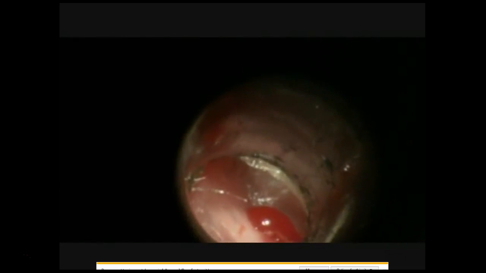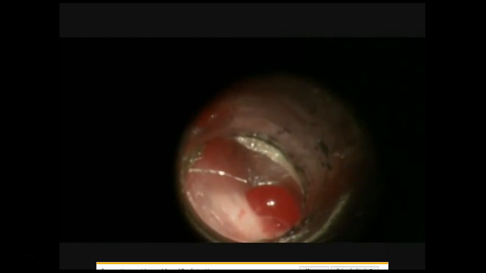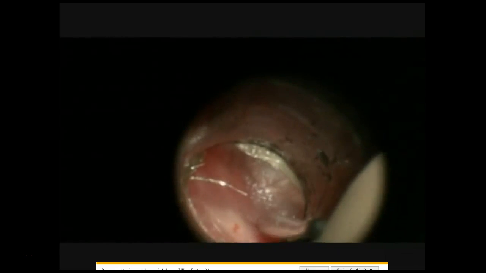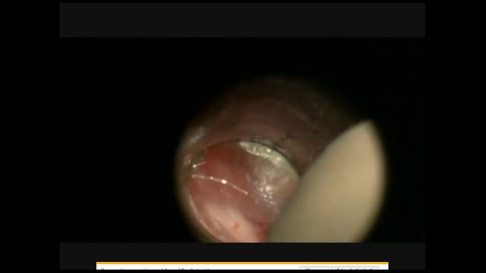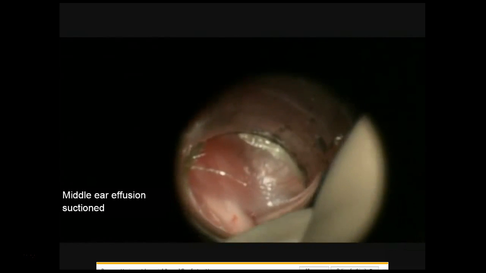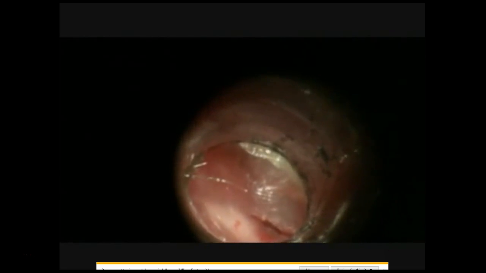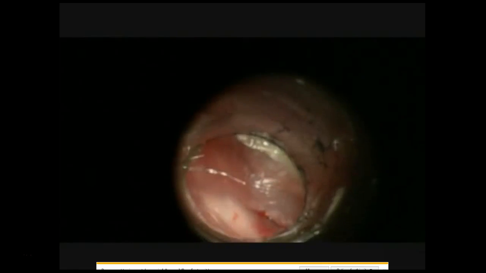Just made that incision a little bigger. And again, he's sucking out the bleeding, and also sucking out the fluid behind the tympanic membrane, so decreasing and relieving that pressure.